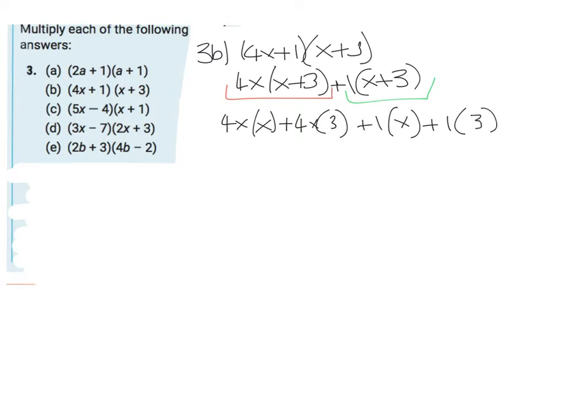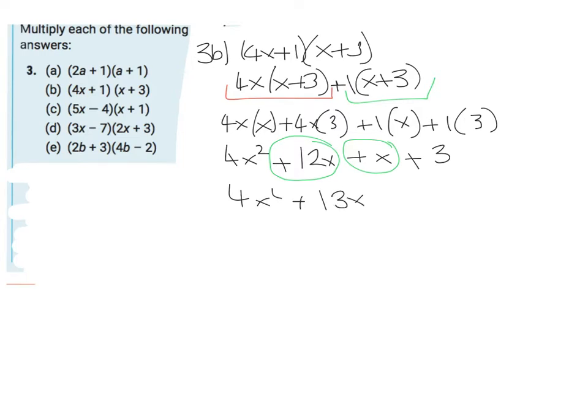Okay, we multiplied out: 4x squared plus 12x plus just 1x plus 3. We can collect these like terms, so our answer is 4x squared plus 13x plus 3.